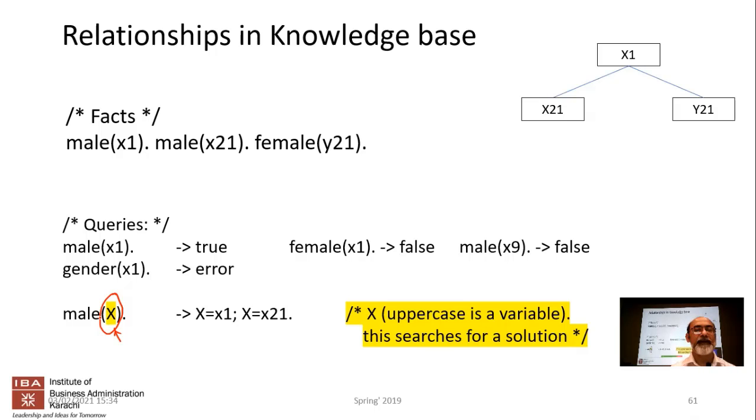So if you said male X, then it's going to actually do a query. X is uppercase, so it will interpret it as a variable and it will try to search for a solution. So it will give you X is equal to x1 and X is equal to x21, well, not in this case, but if you had a bigger case.